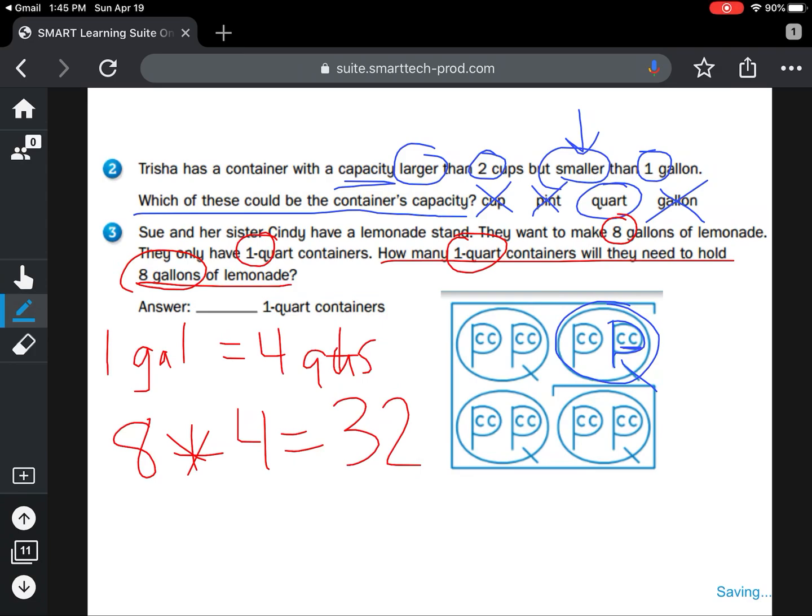So if they only have 1 quart containers and they need a total of 8 gallons of lemonade, they're going to need 32 1 quart containers. Make sure that you have used cubes on problem number 3 and you've written the answer on the answer line.